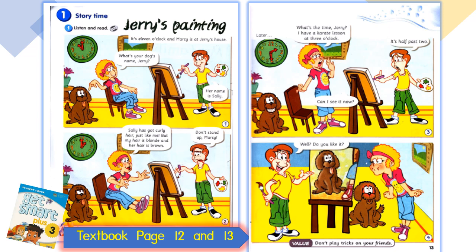Let's count. 1, 2. We have 2 people here and an animal. It's a pet dog. Okay, so are you ready to start listening and reading? Let's get started.